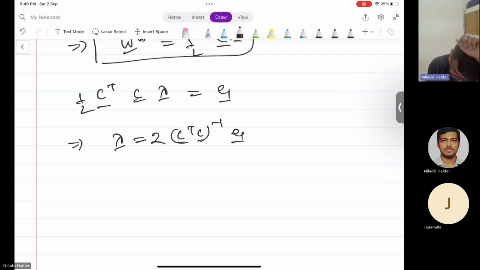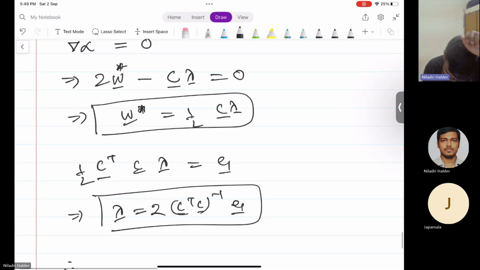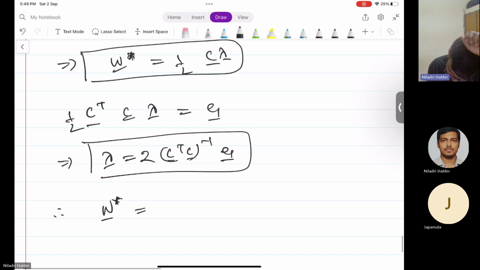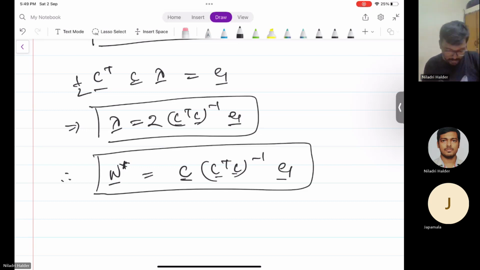Okay, so this is the lambda. Then putting this lambda value into W star, W star will be C into lambda, which is C times C transpose C inverse times E1. This is the optimal beamformer.